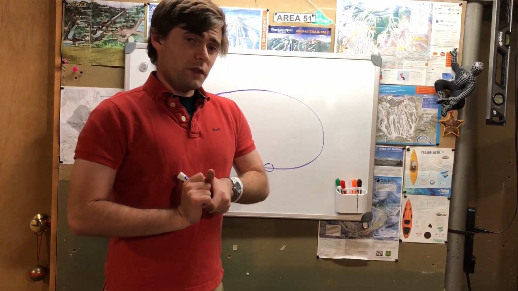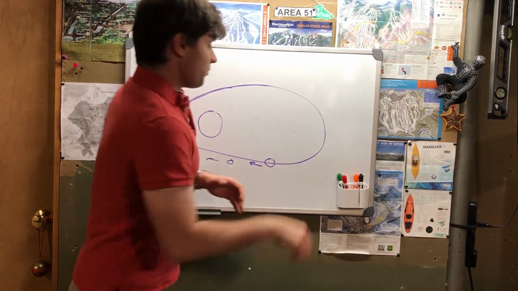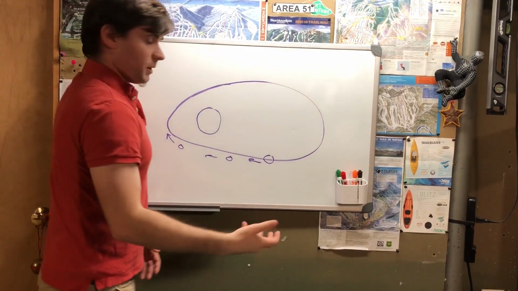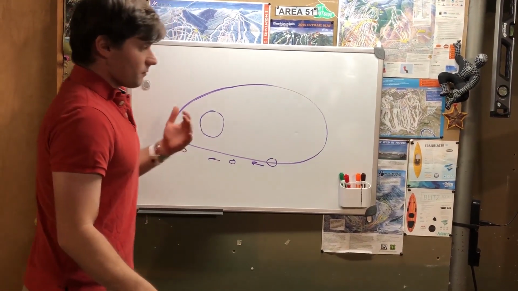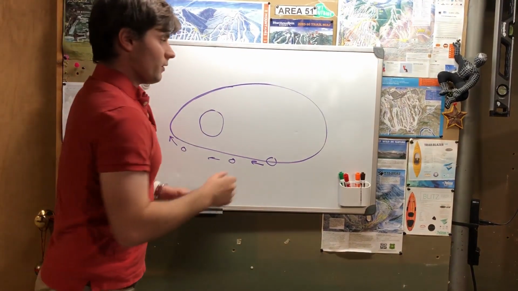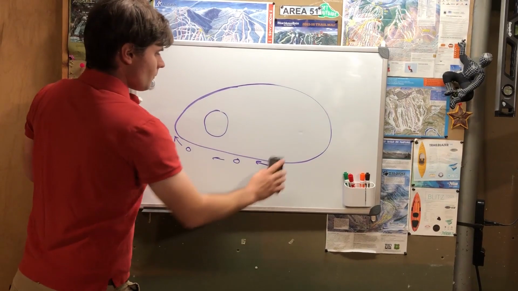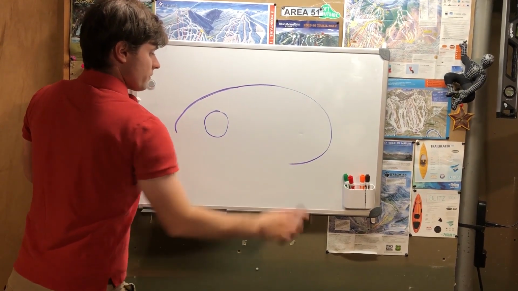The second law that Kepler discovered was that as a planet travels around its star, or any celestial body, for every length of time, it's going to map out an equal amount of area. So what does that mean exactly? So let's erase the Earth real fast right here.